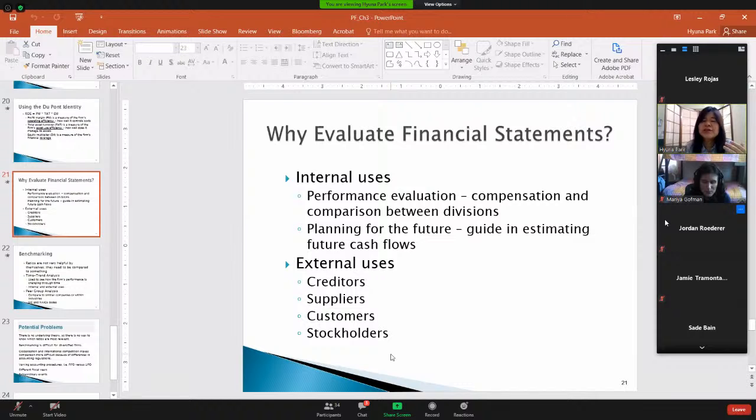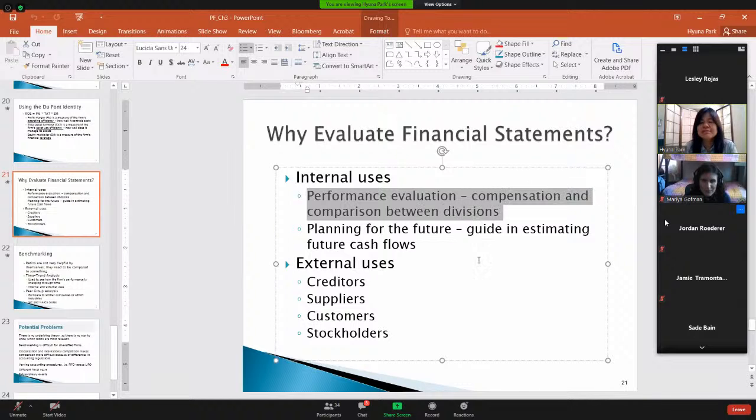By internal usage, I mean the company's CEO. Suppose you are the CEO of Target, and the Target CEO wants to evaluate where we can improve. That is internal use, performance evaluation.